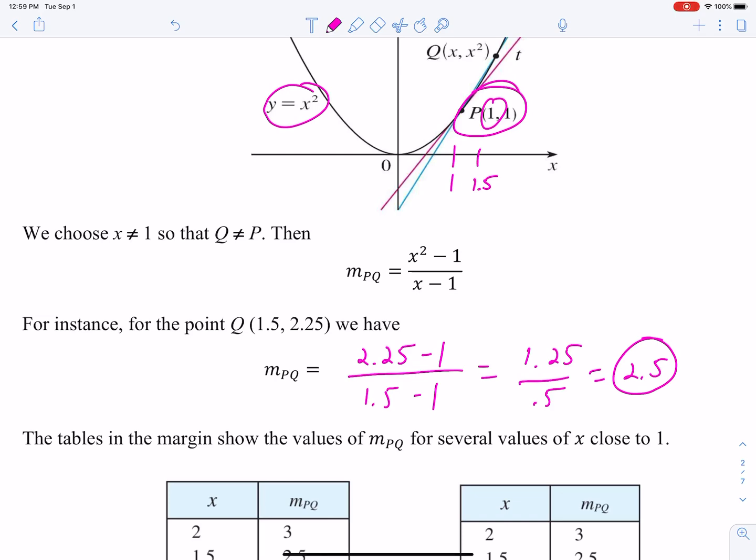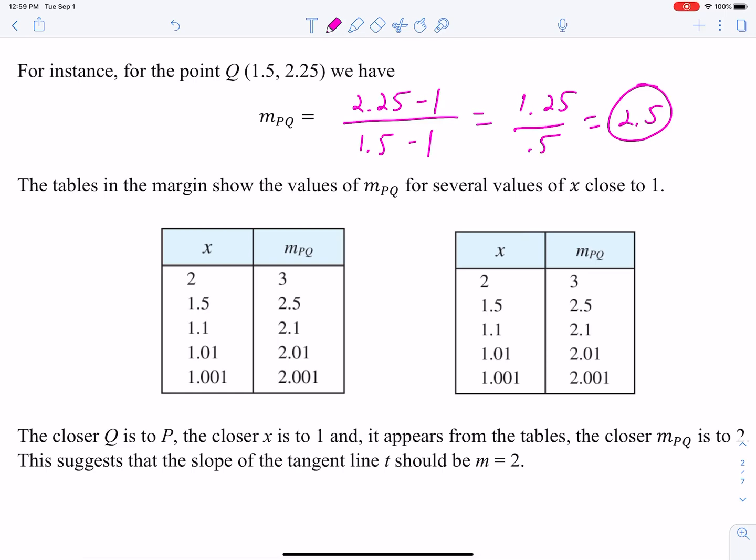So there's the slope between points P and Q. Okay, but again, like we said, 0.5 away on the x-axis is actually quite a bit far, right? So our approximation of the slope is going to be quite a bit off, relatively speaking, of course.